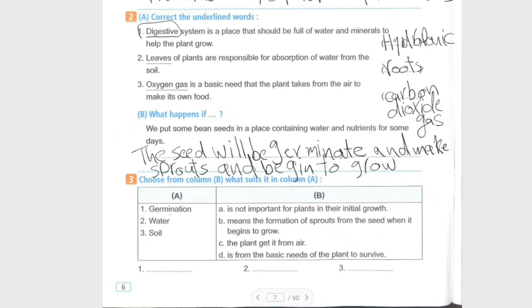Number 1, germination means the formation of sprouts from the seed when it begins to grow. Number 2, water is from the basic needs of the plant to survive. Number 3, soil is not important for plants in their initial growth.